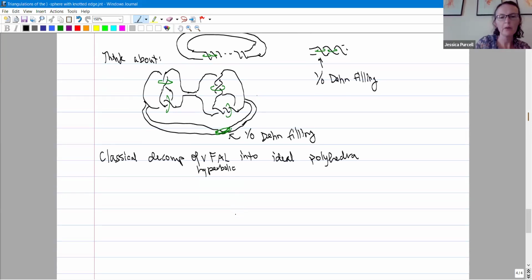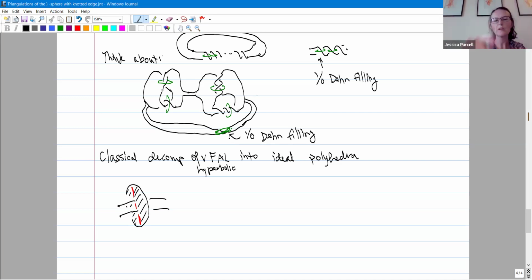So I'm not going to go through all the details super carefully, but basically you have these little crossing circle regions in your diagram. And the way that you decompose this is the standard picture, you put edges here in your complement of your link, and then slice up.